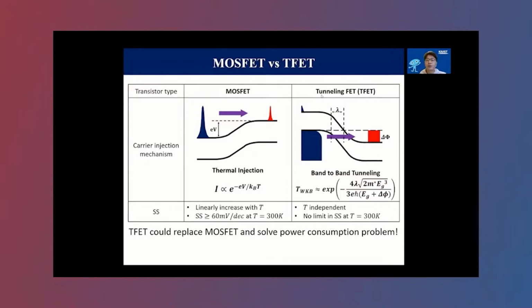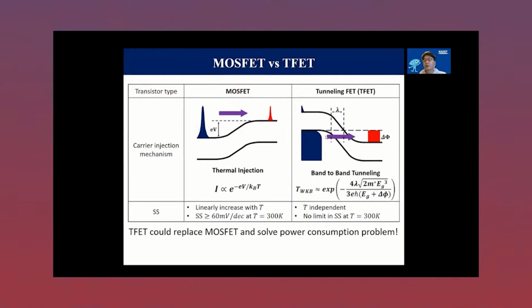In the case of tunneling FET, the carrier injection mechanism is not thermal injection, but band-to-band tunneling. It's a reverse-biased PN junction. If this lambda, which is the tunneling length, is small enough, and if we have some positive delta phi, which is the energy difference between the conduction band edge and the valence band edge, then current can flow.